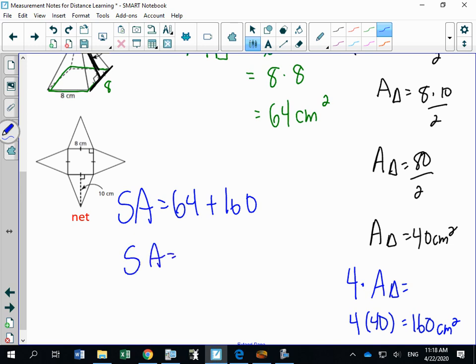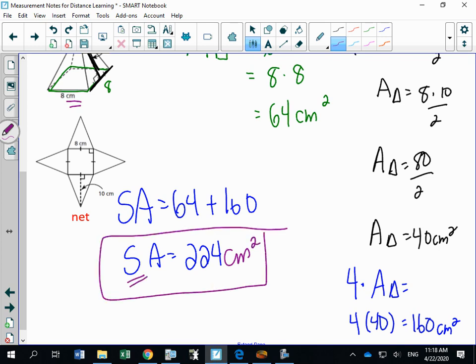So the surface area of this pyramid is 64 plus 160, which is 224. Put your units, they told me it was centimeters, and because we're dealing with surface area, all surface area is squared. Okay.